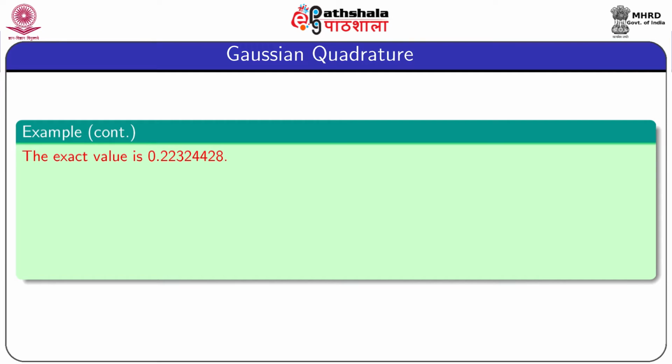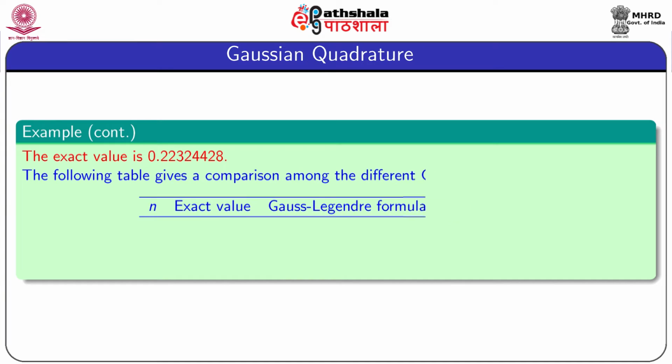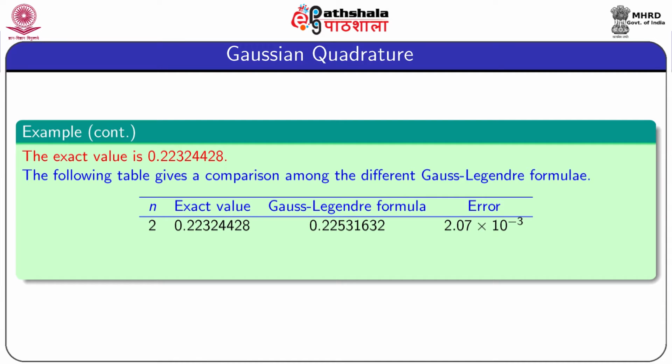The exact value of the integral is 0.22324428. Now, we compare the values obtained by the 4-point and 6-point Gauss-Legendre formulas with the exact value, and we get this table. For n equal to 2, this value is calculated in the text. The exact value is this one, and the 2-point Gauss-Legendre formula gives 0.22531632. That means the absolute error is 2.07 into 10 to the power minus 3.